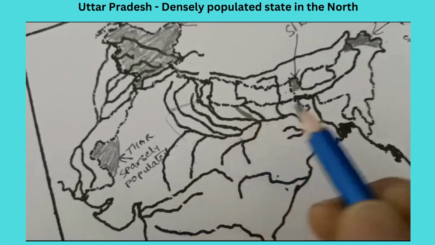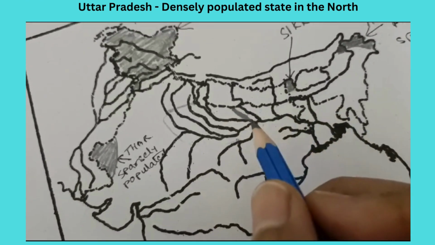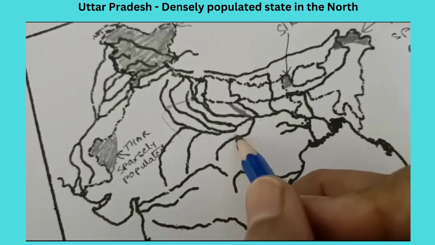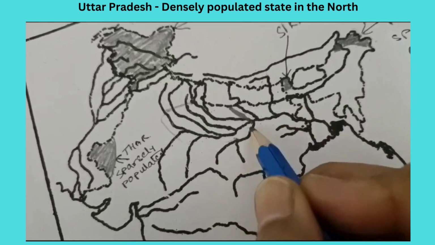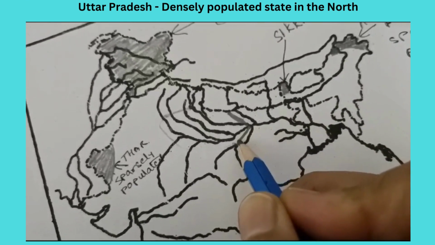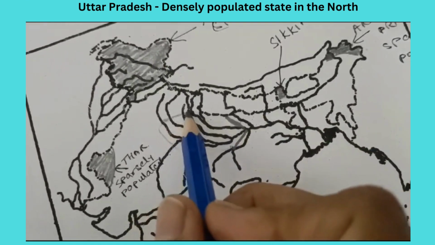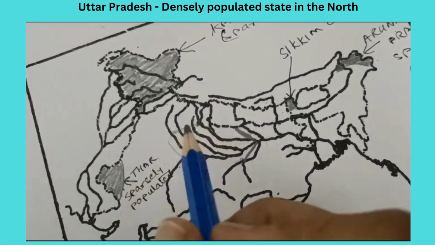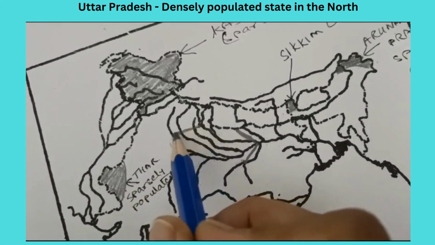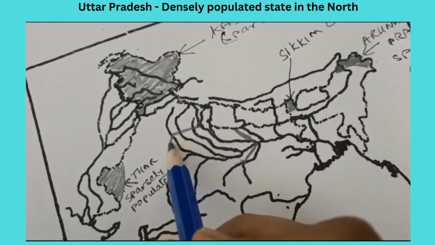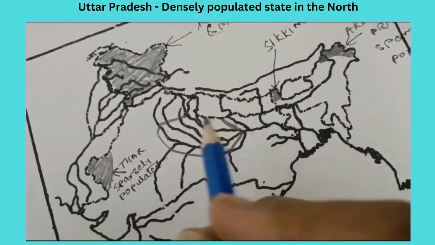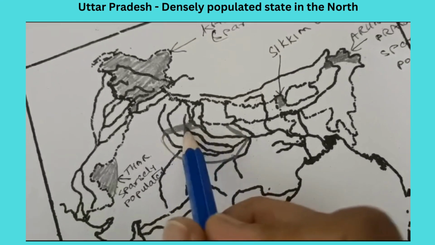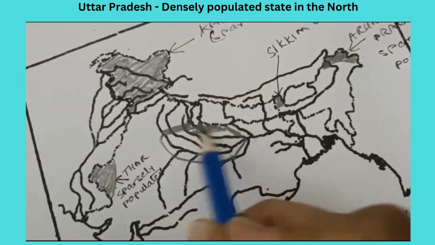We are determining the boundary first. Then come down till this. You can see the Son river, intersection of Son river with this another river. Bring it here. Then from this end point, mark a line. Then cut the rivers very finely and join this. And now shade this part. This entire part you shade.